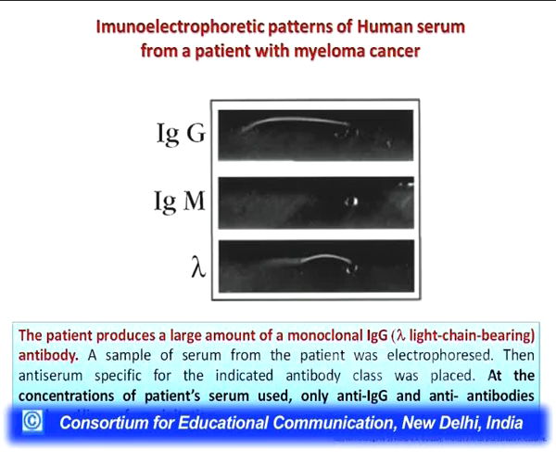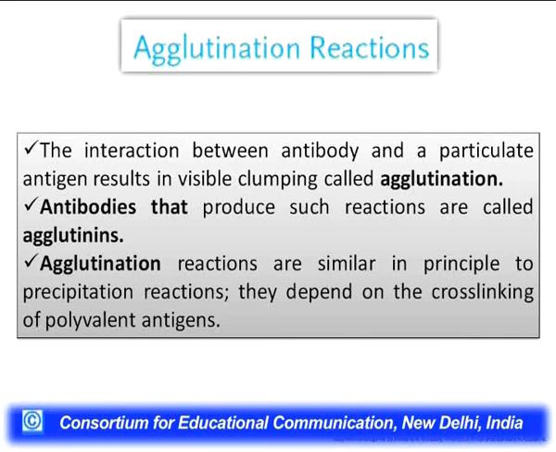So we can easily confirm that the patient is suffering from the myeloma cancer, because there is a high concentration of IgG and lambda light chain bearing precipitin line, which is showing that the blood serum is having a high concentration of these monoclonal antibodies present in it. So these immunoelectrophoresis and immunodiffusion methods have been very useful in diagnosing the disease conditions or the disorders which are present within our body.